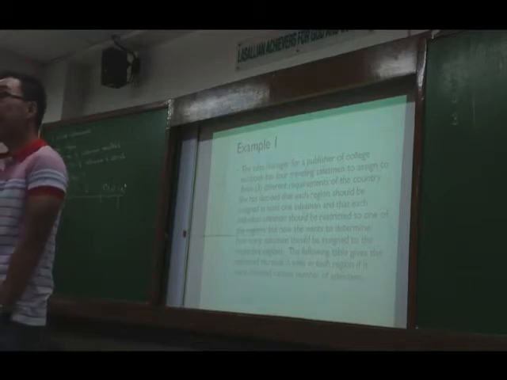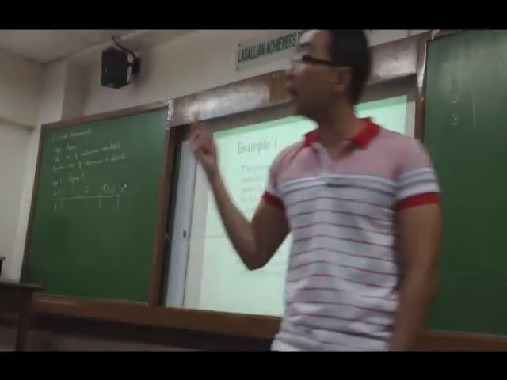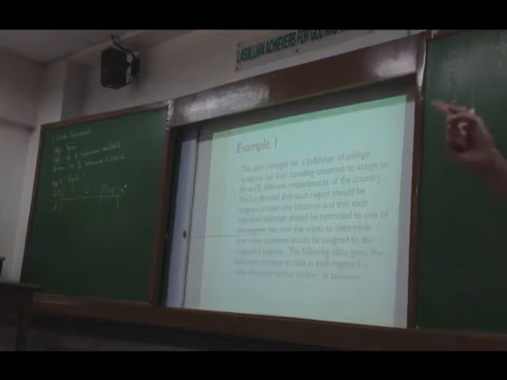Alright? So, to be able to do that, we're going to use the process of backward pass. Meaning, we start filling out the last stage hanggang ma-reach natin yung pinaka-first stage. That's the backward pass. Although, pwede ka rin gumamit ng forward pass. And sabi ko last time, meron tayong isang problem later on na we'll be doing forward pass.